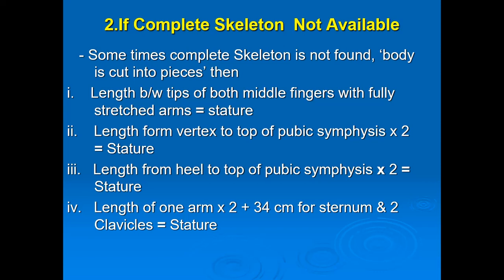So what will you do? If you get arms only, then you can find stature by this formula: the length between the tips of both middle fingers with fully stretched arms will give you stature.